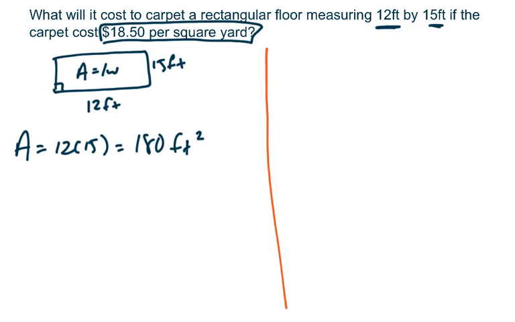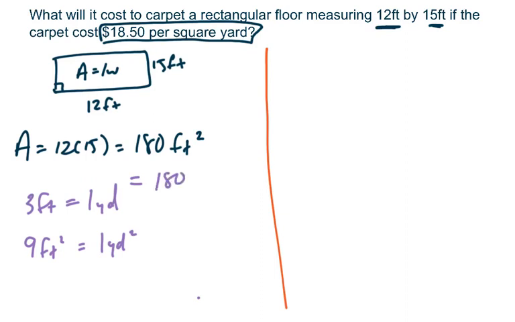Now don't jump in there and multiply that by 18.50 because 18.50 is per square yard. So what I'm going to do here is I know that in a conversion, 3 feet is equal to 1 yard. So that also means 9 square feet is equal to 1 square yard. So I am going to divide my 180 feet squared, and I want to convert that into square yards.